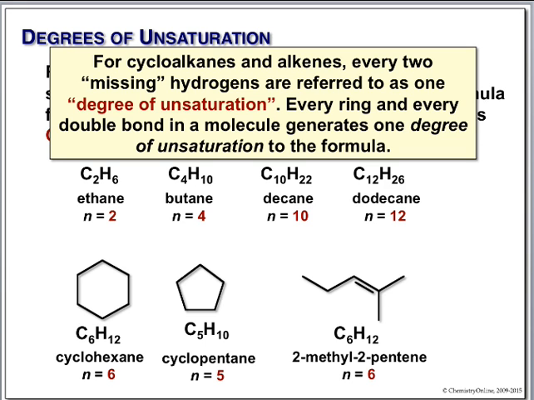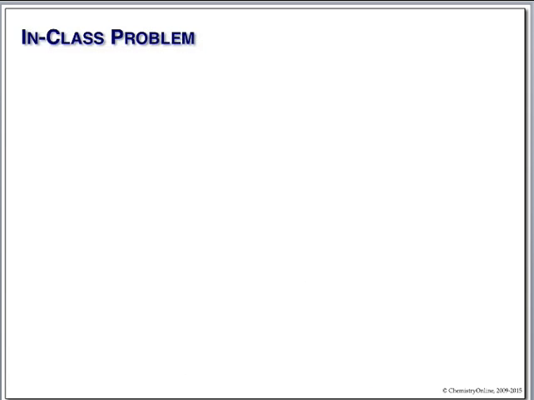That's useful if you have an unknown compound and you're trying to figure out what it is, because a degree of unsaturation will tell you that you either have a double bond or a ring. Well, it gives you something to look for. Very simple concept.